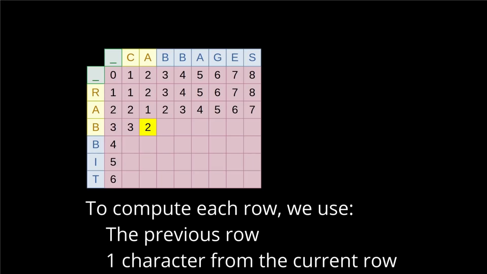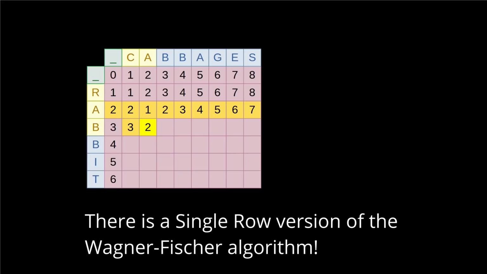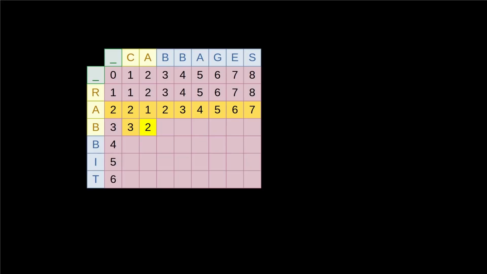You really only need the previous row that you've computed, and you need the previous character. So this 3 just here. So there's actually a single row version of this Wagner Fischer algorithm, which I found to be the fastest. The trouble with computing this stuff with 2 rows and the 1 row version is that you no longer have the ability to build the list of operations like you did with the full matrix.